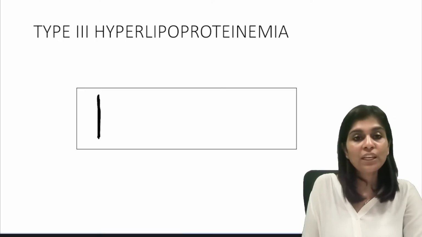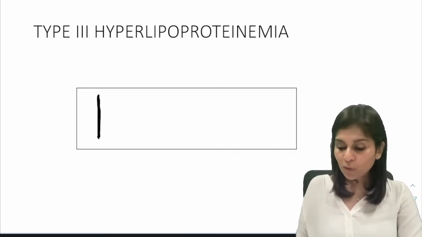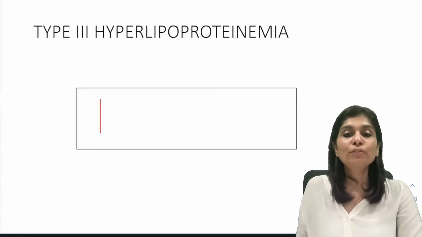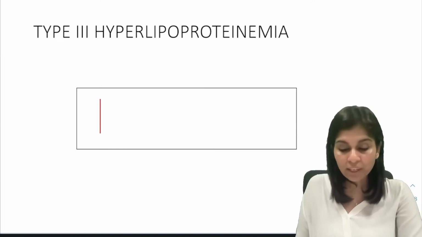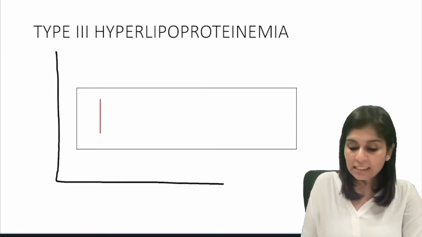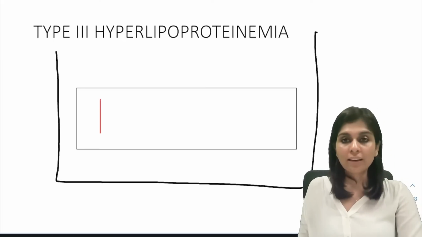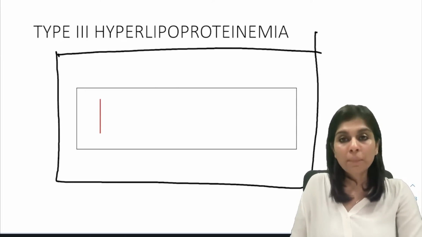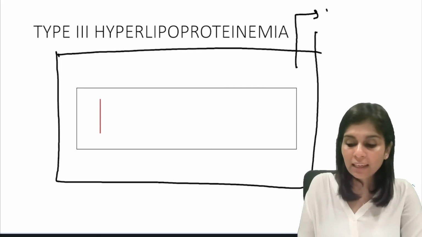Then you place the slide on an electrophoretic tank and fill the tank with an alkaline buffer of pH 8.6.